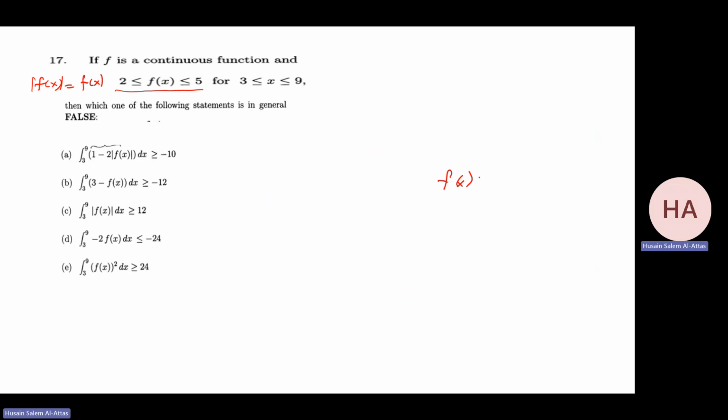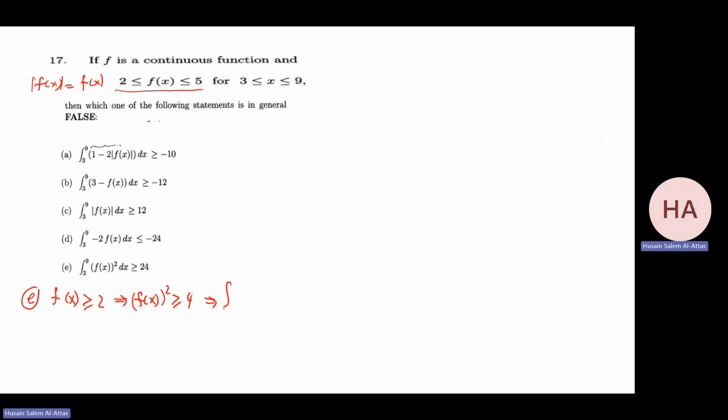Is greater than, let me do E. Let me do it backward. I'll do E here first. E, f of x is greater than or equal to 2. That implies f of x squared is greater than or equal to 4.